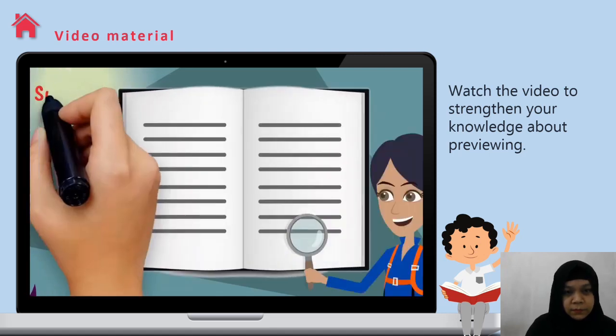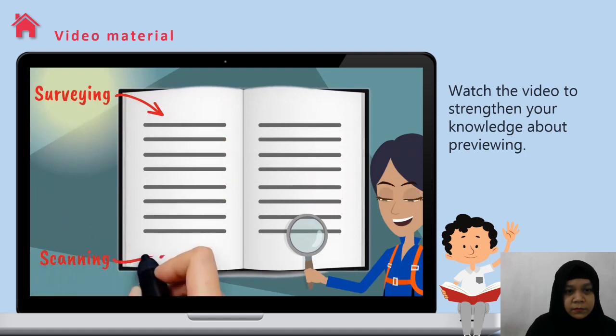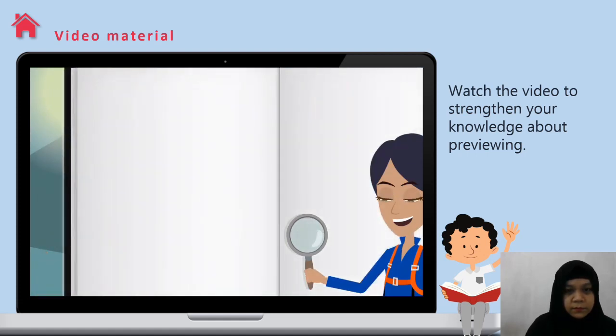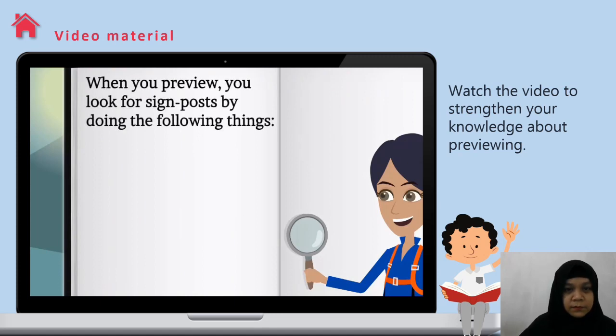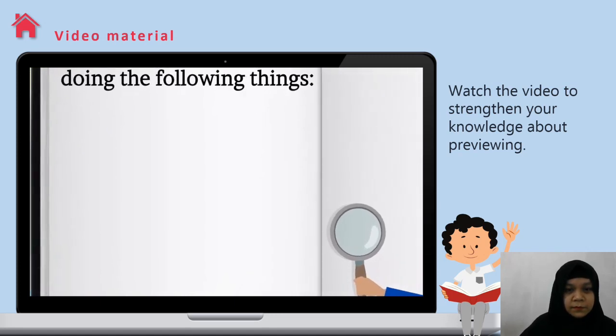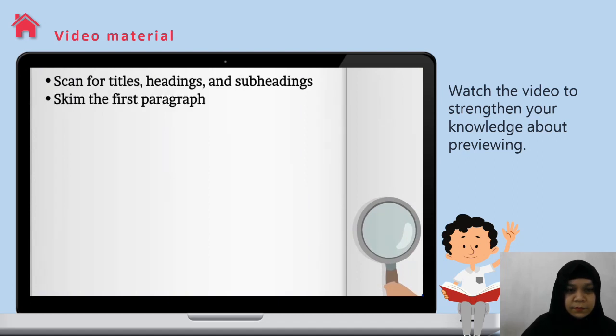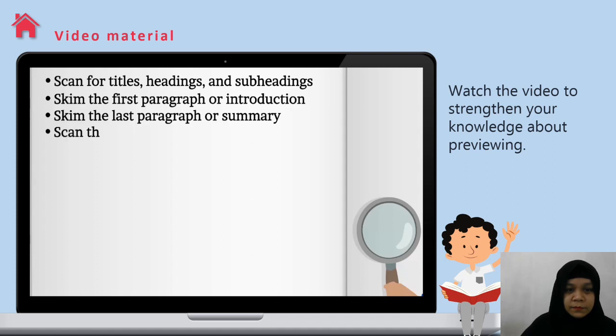Previewing involves surveying or scanning a text in order to create a mental map that can help you read more effectively. When you preview, you look for signposts by doing the following things. Scan for titles, headings, and subheadings. Skim the first paragraph or introduction. Skim the last paragraph or summary. Scan the first sentence after each heading.